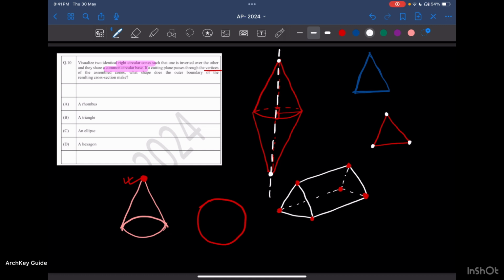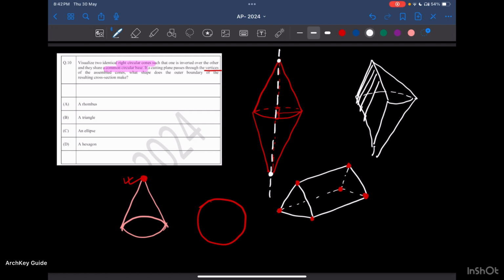What shape does the outer boundary of the resulting cross section make? If I have this section cut, it would look something like this. This is cut straight, sliced. It would look something like this, right?